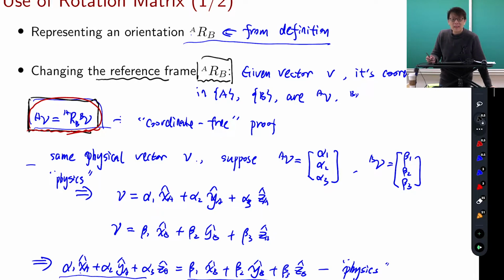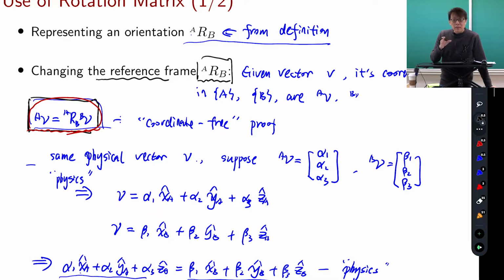It means check the coordinate of vector V from B to A, in B frame to A frame. Well, that's correct. But what I want you to answer is that R_BA is the orientation of B in A.